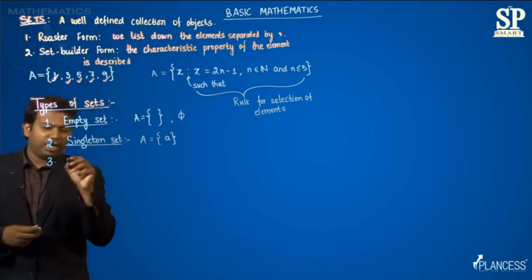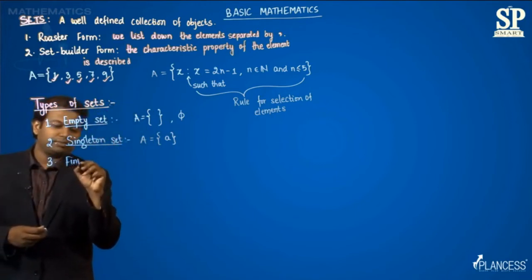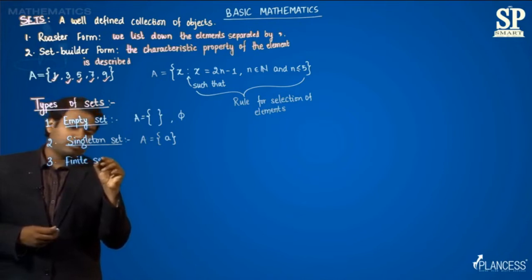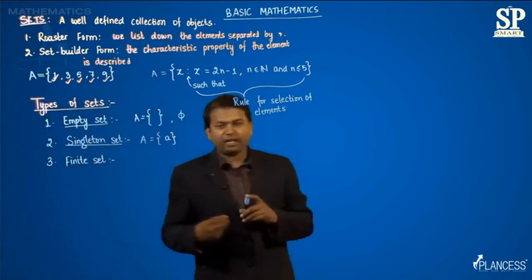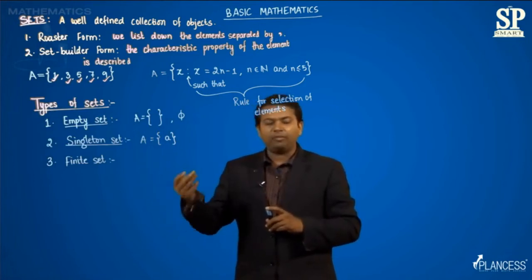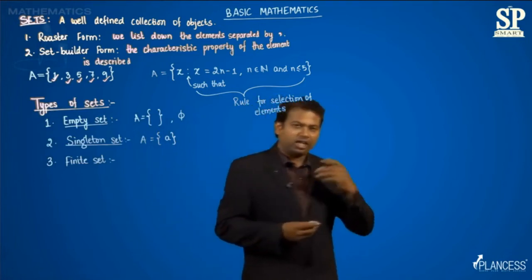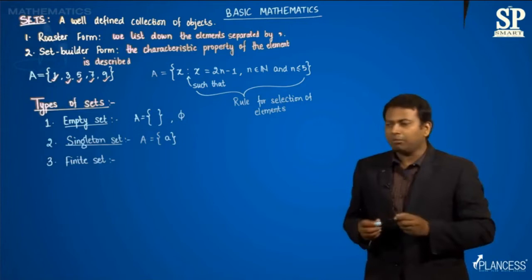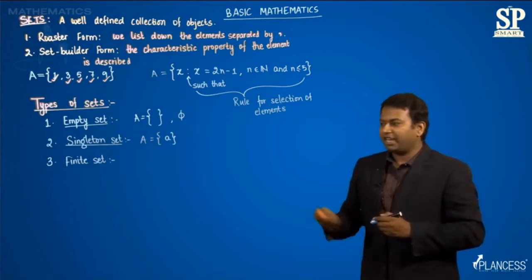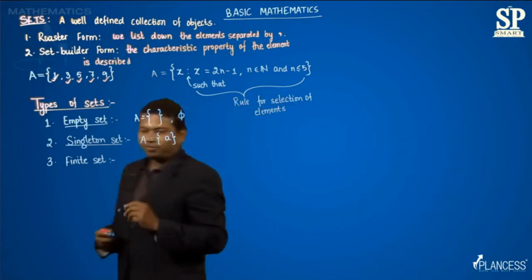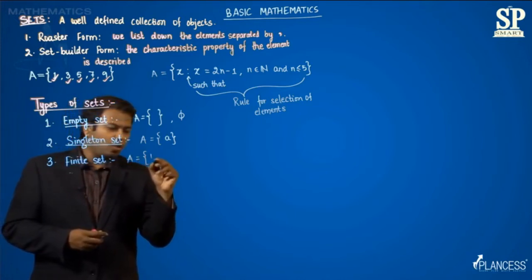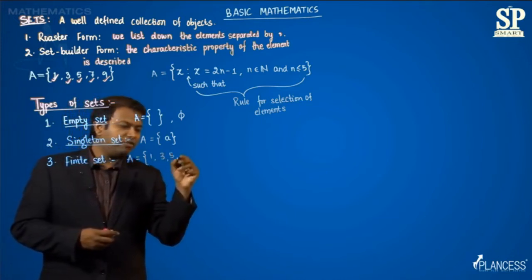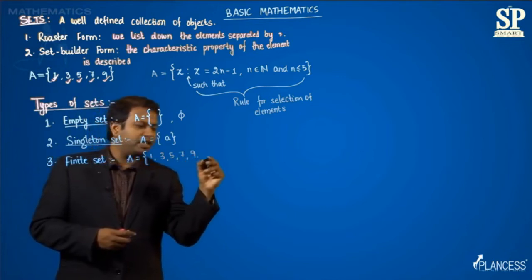Number 3 is the finite set. Here, if there is a set whose elements can be counted and the counting ends at some number, then we say the set is a finite set. For example, we have a set A which is 1, 3, 5, 7, 9 and so on.